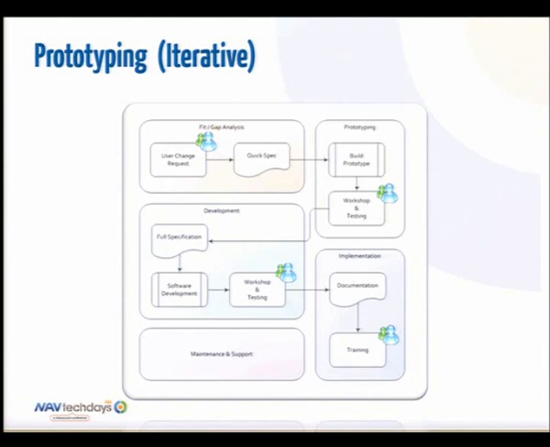And when everyone agrees, well, this is what we want, then a very good thing to do is to get back, write the full specification, fine-tune the software, do another workshop and testing, document and training.